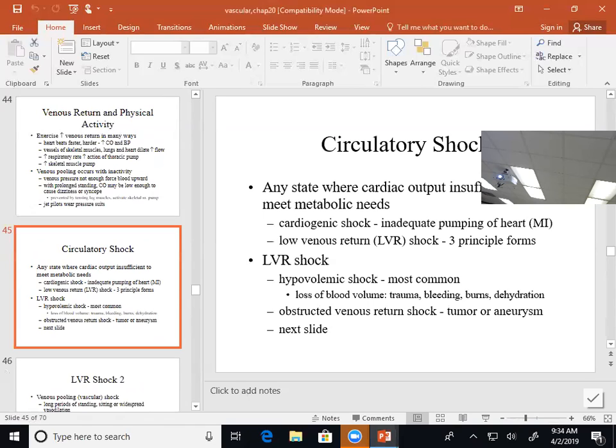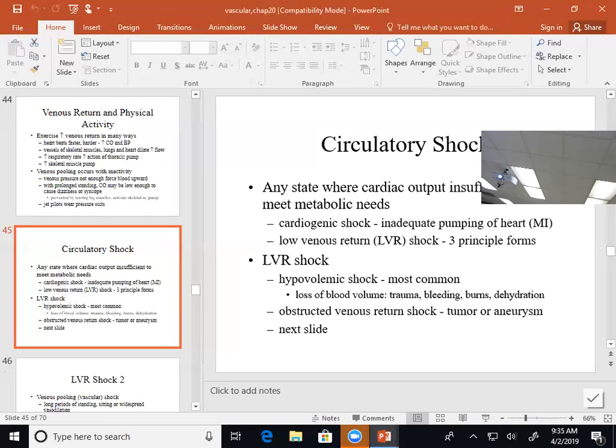Okay. All right, so let's go ahead and finish up this though, and then we'll start lymphatic. We talked about shock. What's the most common type of shock? Hypovolemic shock. Most common kind of shock. And this is going to be because of dehydration, burns, bleeding that can occur because of trauma or could occur because of pathology.